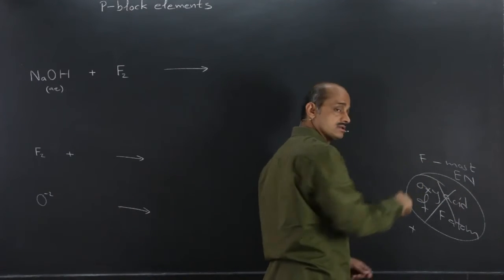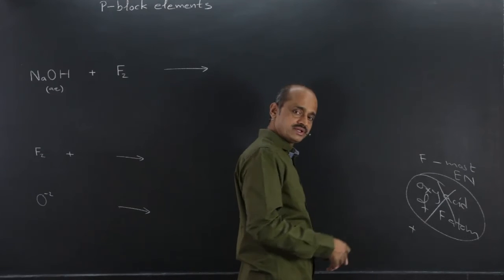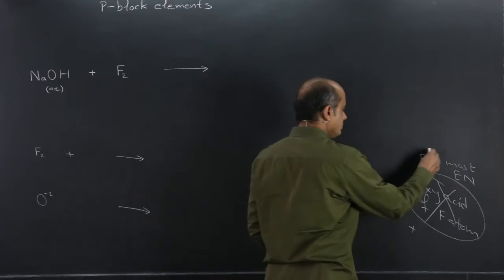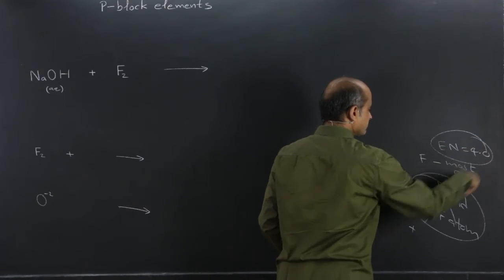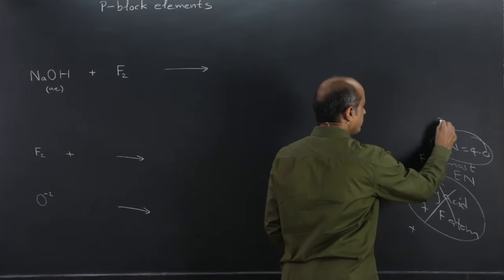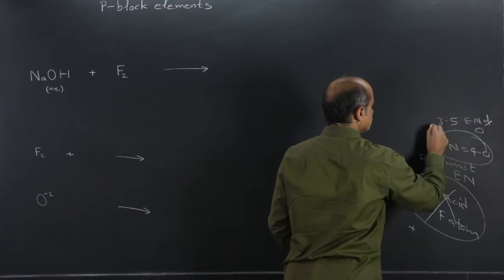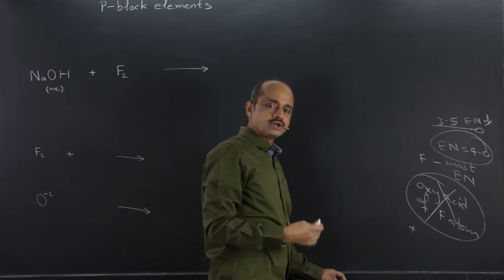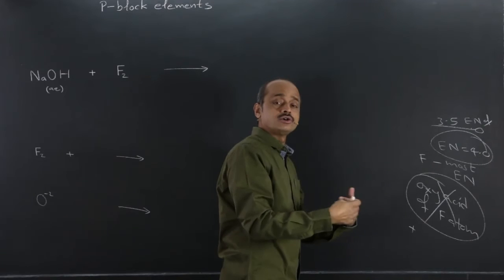Electronegativity of fluorine is the highest among whatever elements are present, as we have written in the periodic table. Electronegativity of fluorine 4.0 is the highest. Second is oxygen, 3.5. So, fluorine cannot be in positive form. It will never release or lose electrons.